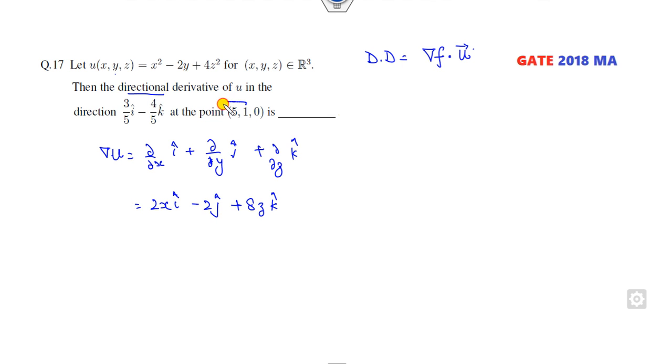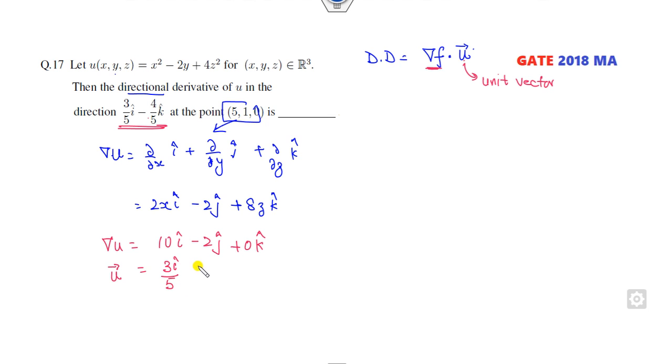So at this point, what is the gradient of this? It's 10 i cap minus 2j cap plus 0k cap. So this value is there. Now u is the unit vector. This is already a unit vector, so I can take this as u. So that is my 3 i cap over 5 minus 4 over 5 j cap.